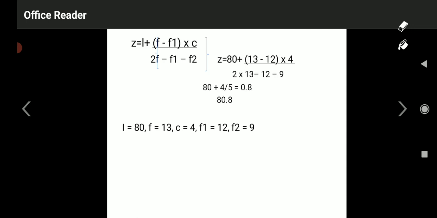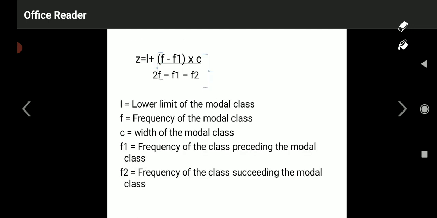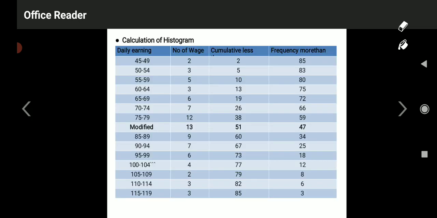Z is the result of that particular histogram. L is equal to 80. Why is it 80? Lower limit of the modal class. The modal class is 80 to 84. Lower limit of the modal class is 80, upper limit is 84.